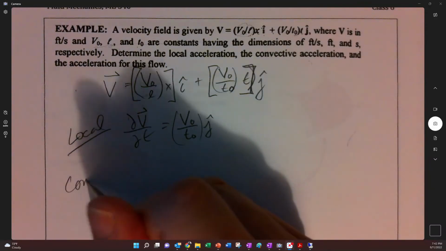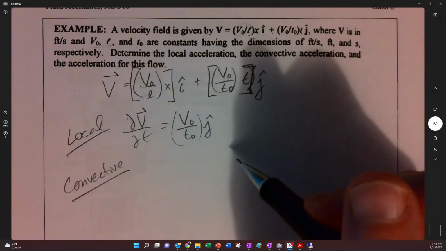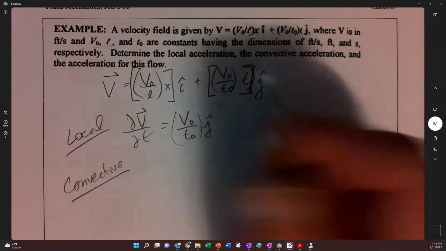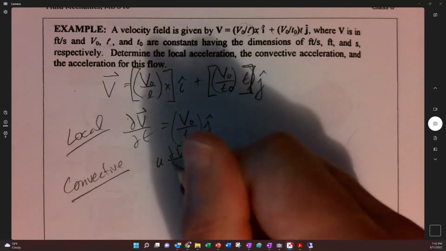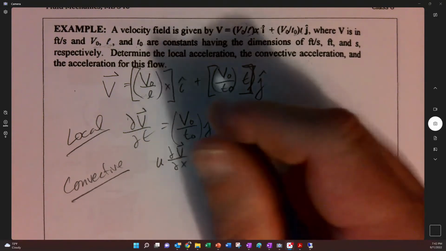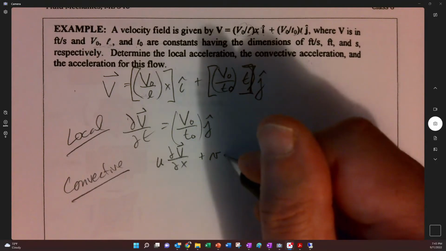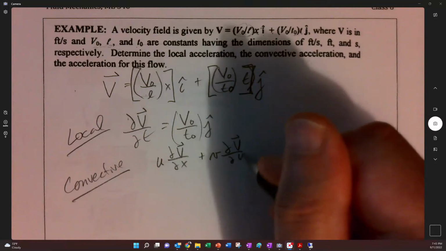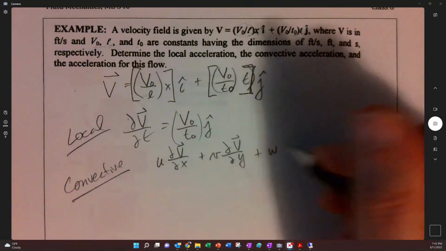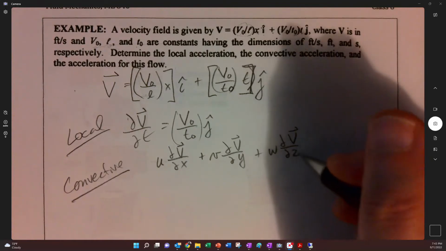Now the convective acceleration, as you recall, looks like u del V del x plus v, little v, del big V del y plus little w del big V del z.